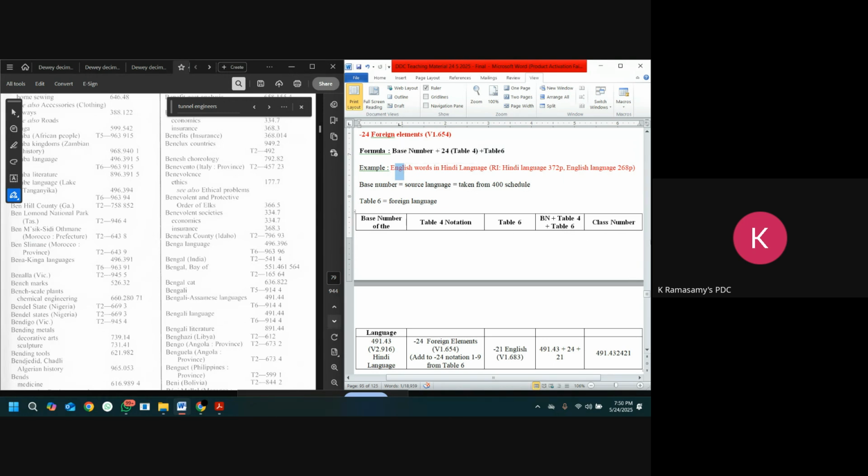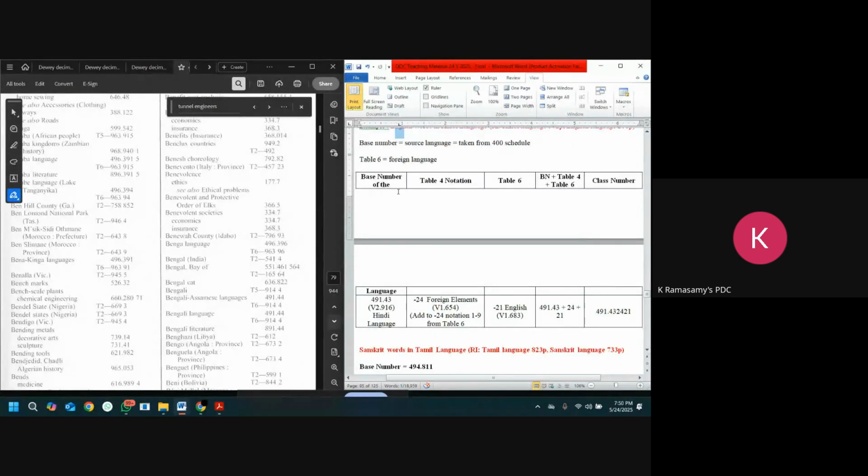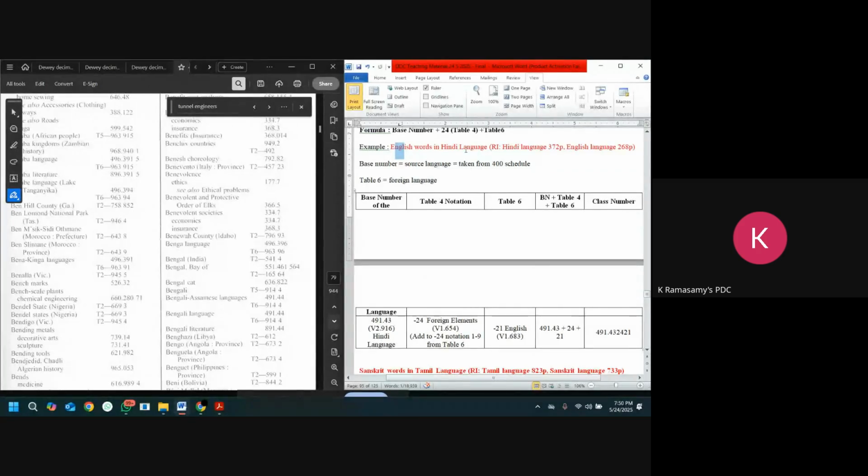When you are constructing a number for these kinds of titles where foreign elements are involved, the base number should be taken from the schedule called 400, and the foreign words language number should be taken from table 6, called languages. Okay, fine. Let me show you now. What is the base number? Hindi language. What is the base number of Hindi language?